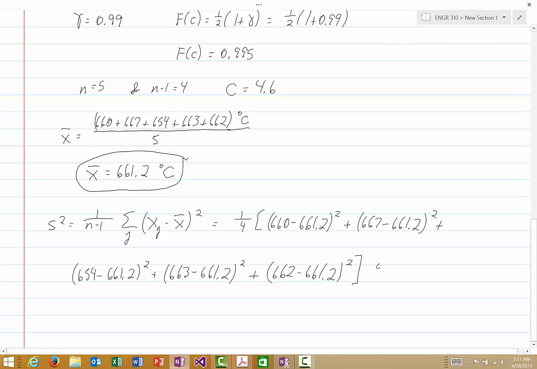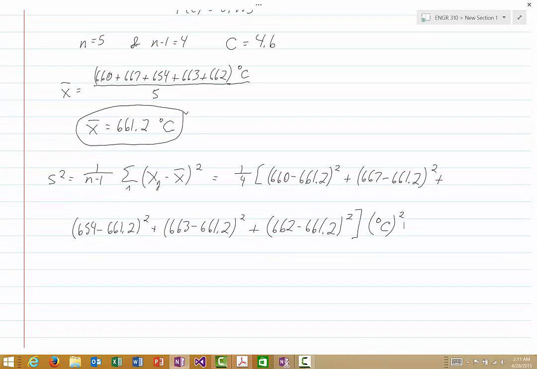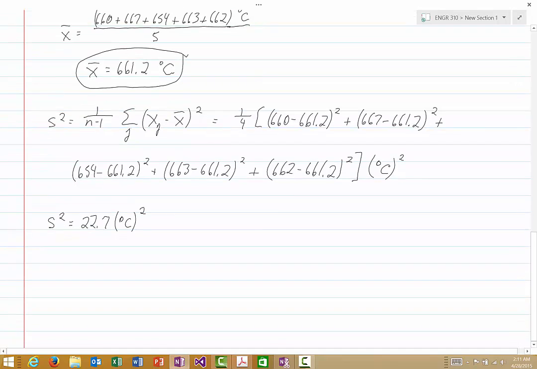And as I said, since all of those are squared, the units will be degrees centigrade squared. And if you do this calculation, you will find out that s squared is 22.7 degrees centigrade squared, which means that s is equal to 4.76 degrees centigrade.